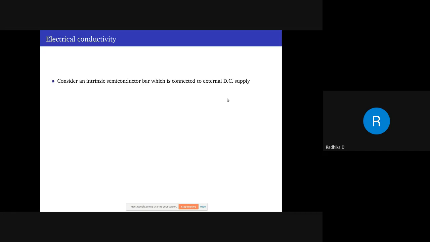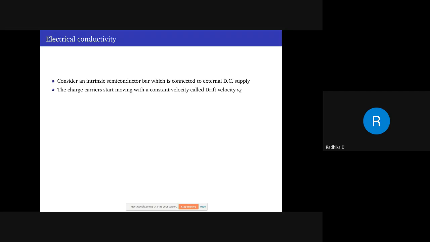Now, if I do that, obviously if I give a supply, the charge carriers will start moving across, correct? They will move from one side to the other depending on the potential applied. Whether you have a PN junction diode or just a simple intrinsic silicon semiconductor, you have both combinations of everything.